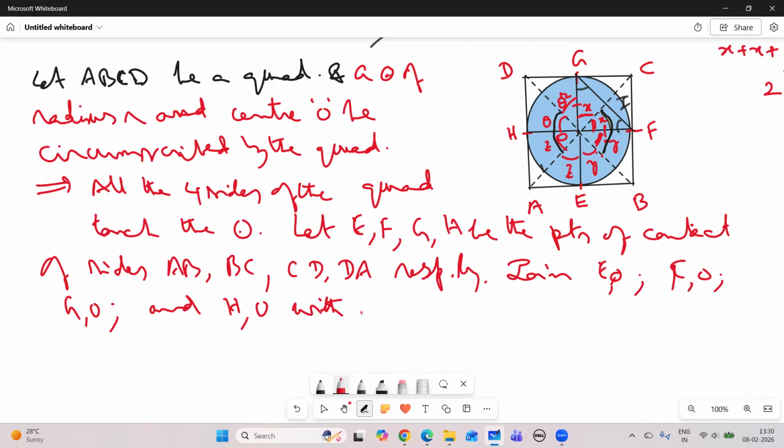In fact, these become radii. Then let us join G with F with a line segment.